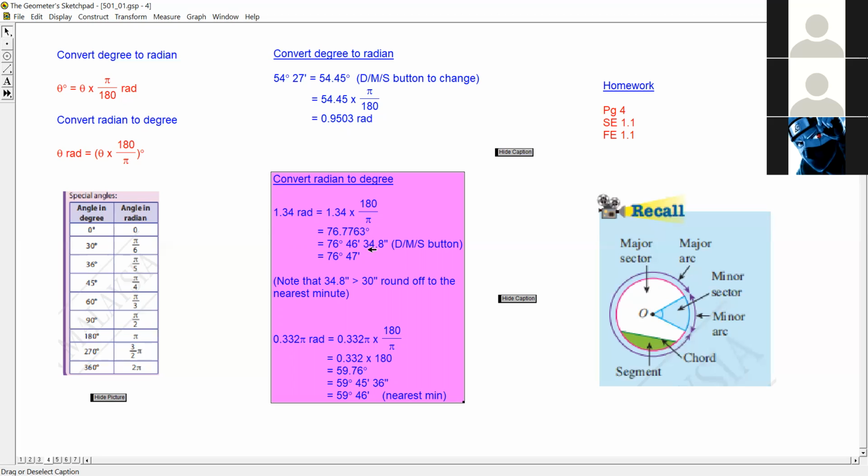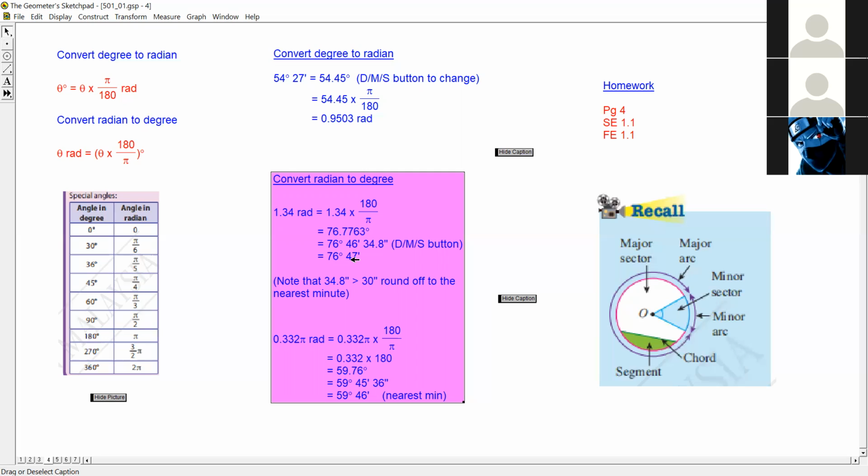Now this 34.8 seconds, in the SPM, they don't want to see seconds. So if this number here is more than 30, it is more than half already, because 60 seconds is 1 minute. So if you get 30 seconds or more than 30 seconds, like in this case 34.8 seconds, then you have to carry 1 to the front.